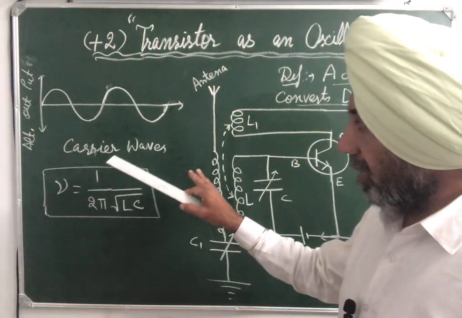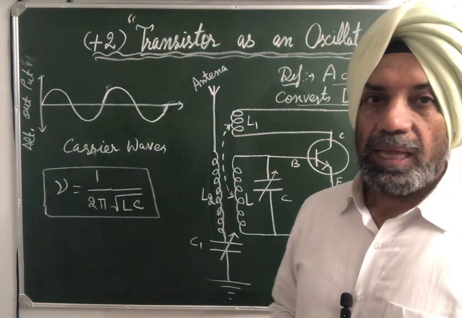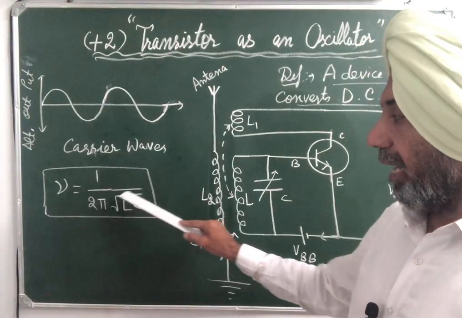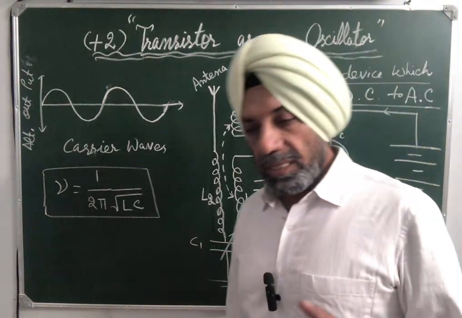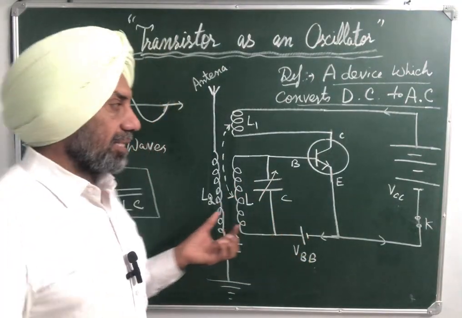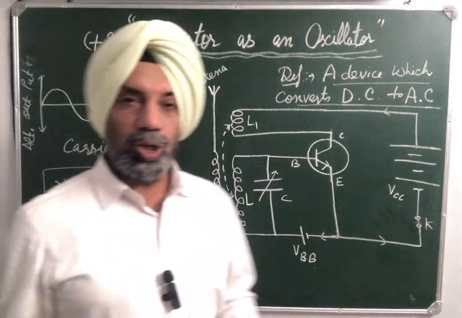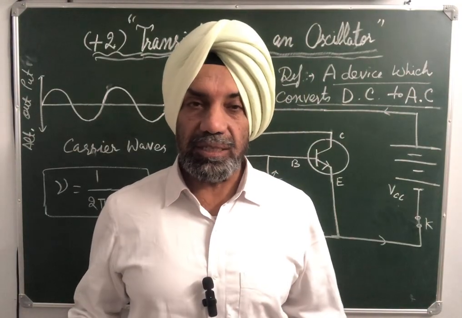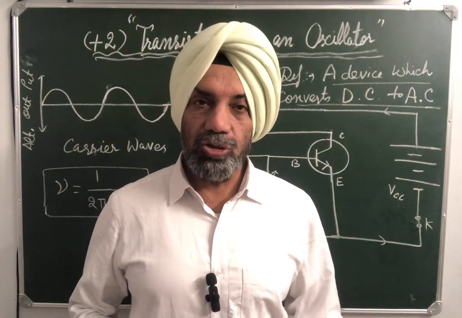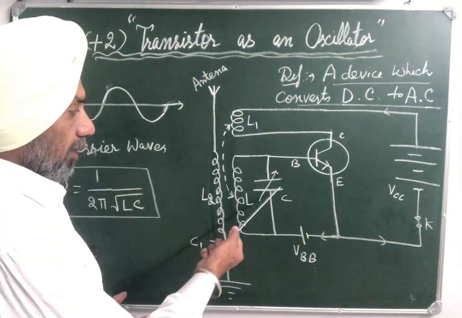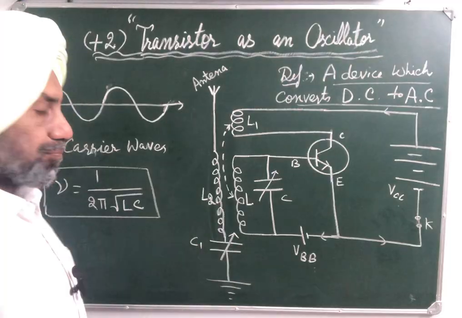So it is used for transmission, and the frequency nu is given by 1 by 2 pi under root LC. So it means a junction transistor can be used as an oscillator to produce carrier waves of desired frequency. We can produce carrier waves of desired frequency by adjusting the value of LC.